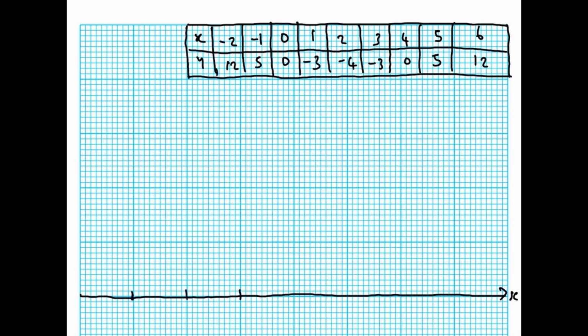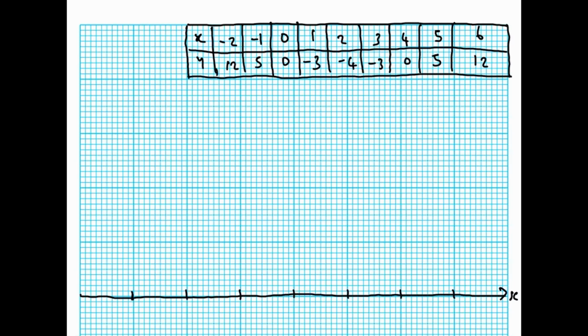So here is where our points will be. Of course you'll be doing this with a ruler. Here we have 2 centimeters representing 1 unit. Since 2 centimeters represents 1 unit, going from -2 to 6, how many do we need? 1, 2, 3, 4, 5, 6, 7, 8, 9.